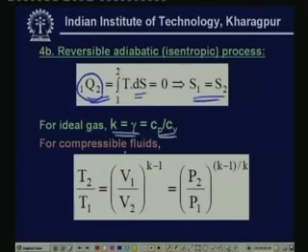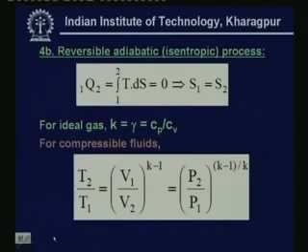And for compressible fluids you can get an additional relation which relates the temperature with pressure ratios and volume ratios. For example, T2 by T1 is related to the pressure ratio by this relation, and it is related to the volume ratio by this relation. These equations are very useful, and we shall see their use when we perform the actual refrigeration calculations.